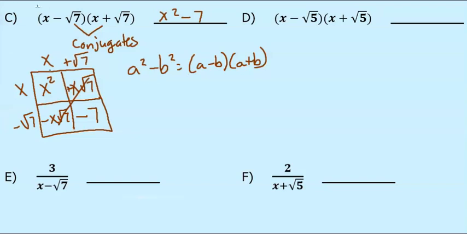So A was x squared, which is just x squared, and then B would be square root 7. Square root 7 times square root 7 is 7. So then you have x squared minus 7. D, x minus square root 5 times x plus square root 5. Draw our box.